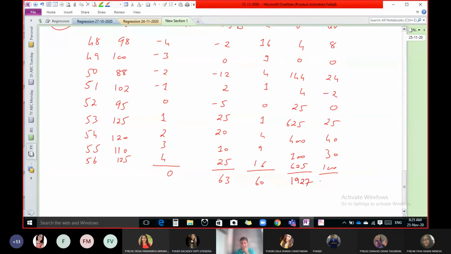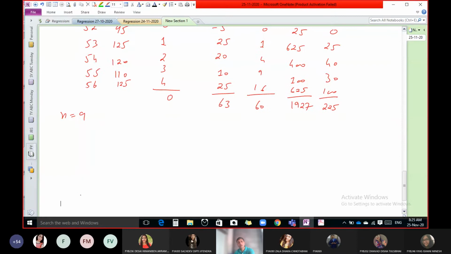And sigma u into v is 225. And in total we have 9 observations, so n equal to 9.